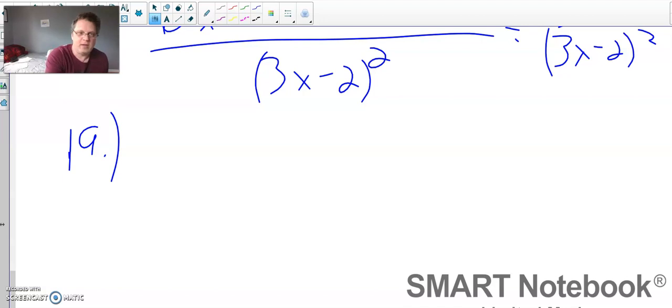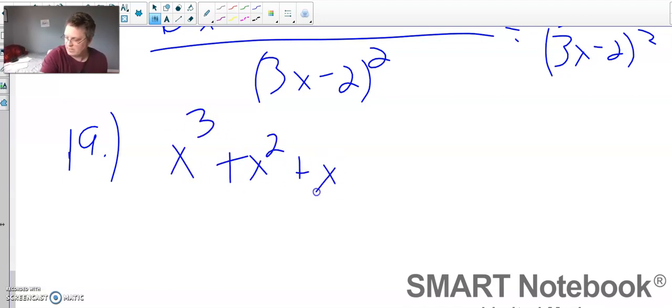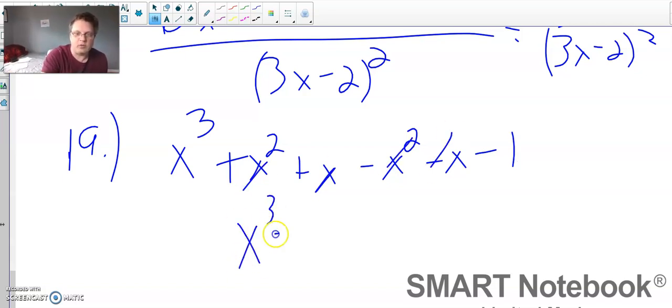So here's 19. What do I have? I have x cubed plus x squared plus x minus x squared minus x minus 1. Those terms are gone, leaving x cubed minus 1 all over x cubed. So that is the original, that's what we start with.